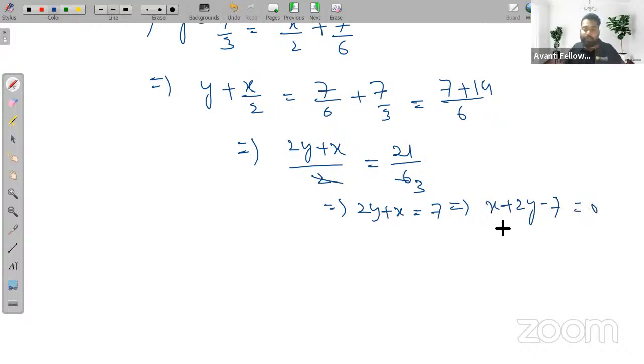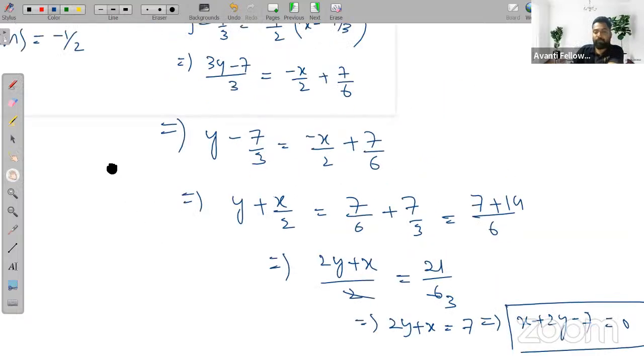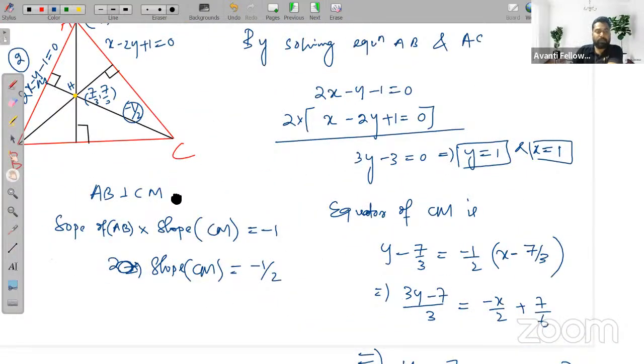Now it is correct, right? So minus 1 upon 2, minus 1 upon 2 into 2, that is correct. This is the equation of this line CM.